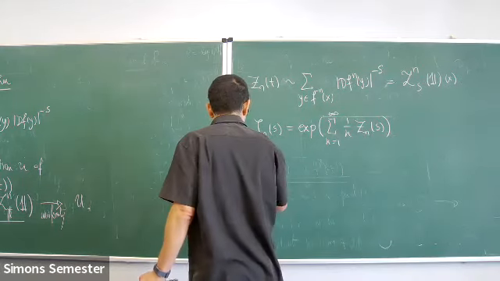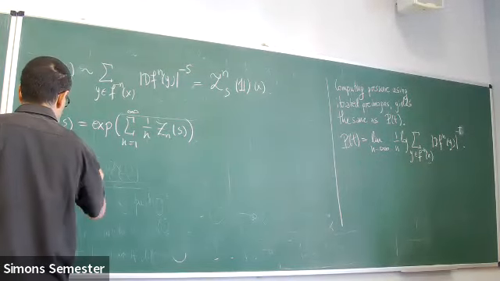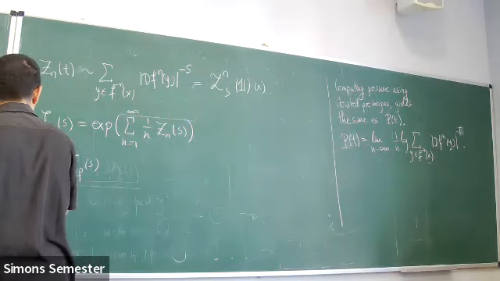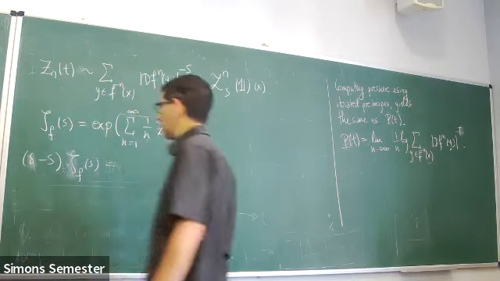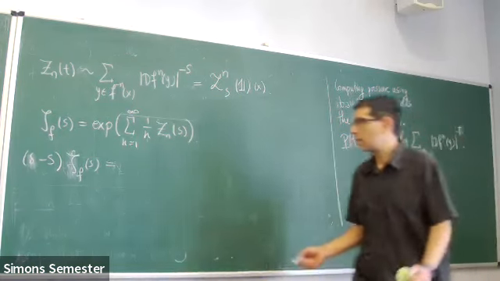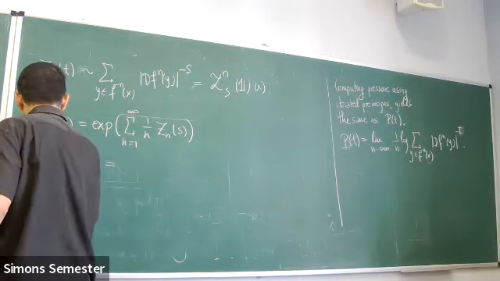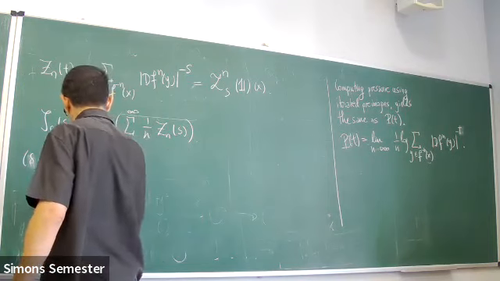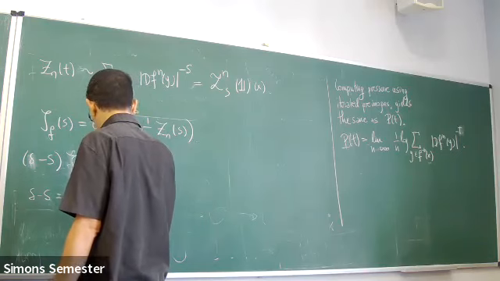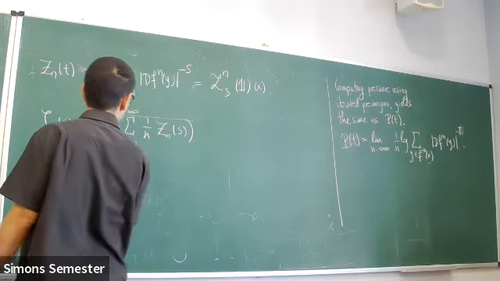If we multiply the Ruelle zeta function by delta minus s, we should have some function which is holomorphic on a neighborhood of delta. So let's write delta minus s as minus log.